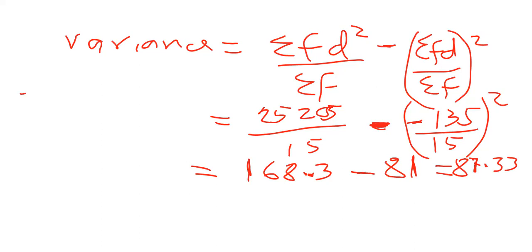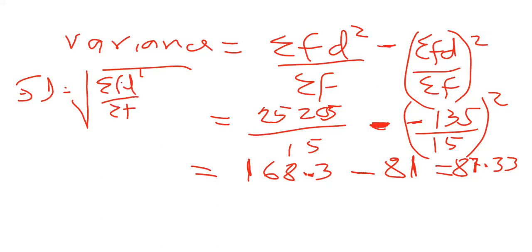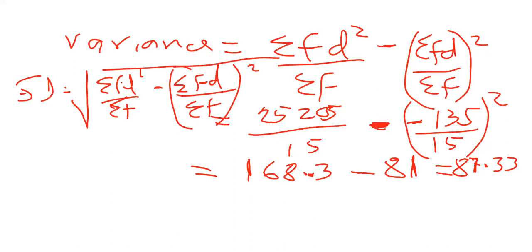Then standard deviation will now be the square root of summation of FD squared all over summation of F minus summation of FD all over summation of F all raised to power 2, which is the same thing as square root of variance.